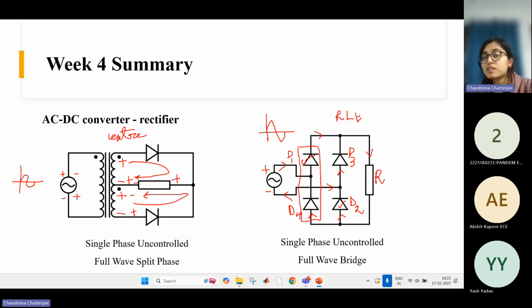In your daily lives, you see lights, fans, all these things are loads only, right? If you transfer some power from the source to the load, you will get the energy in terms of electrical energy, right? That's what the load is.